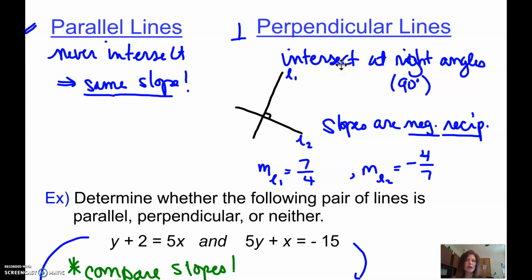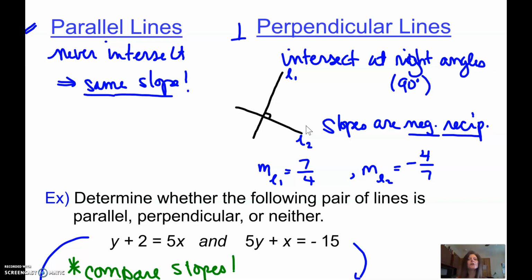Perpendicular lines intersect in a very special way. They intersect at right angles, also known as 90 degrees. Mathematically, we usually put a little box there to indicate that that is a right angle. So if I have one line that's going up, its perpendicular line will have to go down. It turns out, if we did a little math, that we would discover that the slopes of these two lines that are perpendicular are related in a unique way.